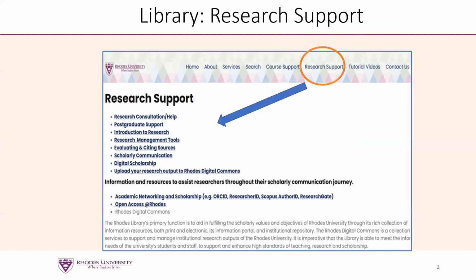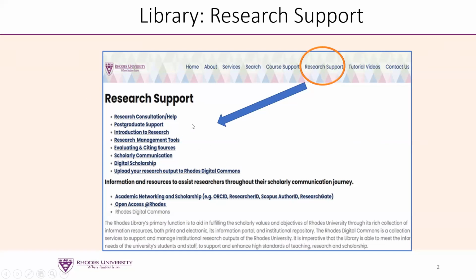About the library website now, I haven't started from the landing page, but I'm sure everybody is familiar with that by now. I just wanted to point out the research support heading at the top of the screen, which is where postgraduates will find information that is useful to them, our contact details.